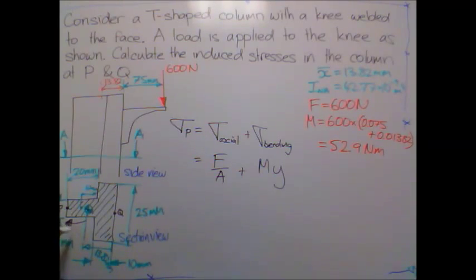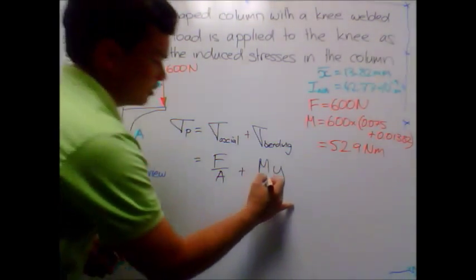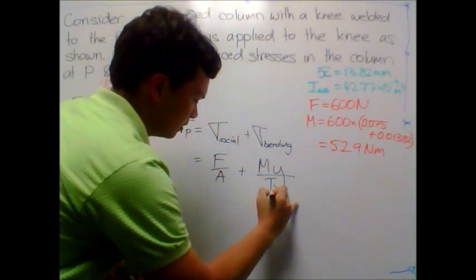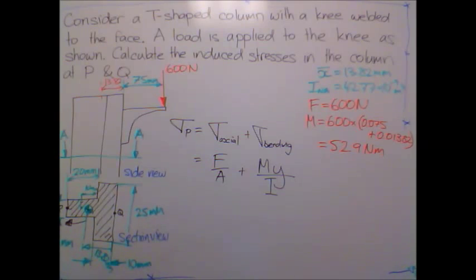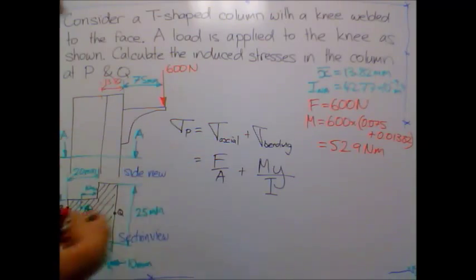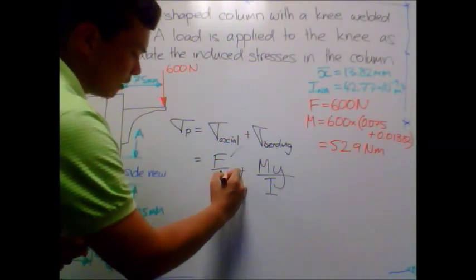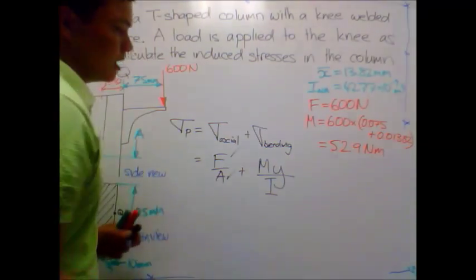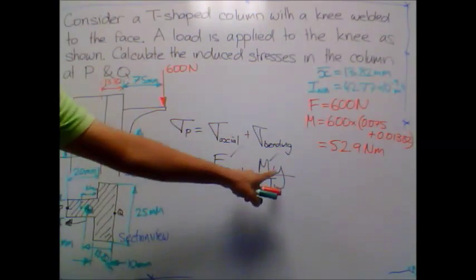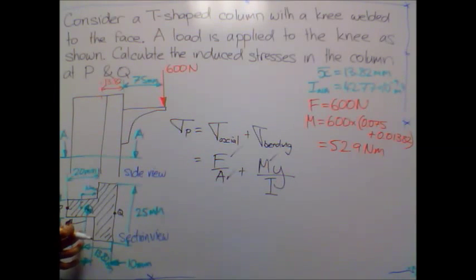I call that my Y value, my Y, divided by the area moment of inertia around the neutral axis. Okay. So if I know area we've calculated previously, M we know as well. My value of Y will be this distance here, so it will be 30 millimeters minus 13.82.